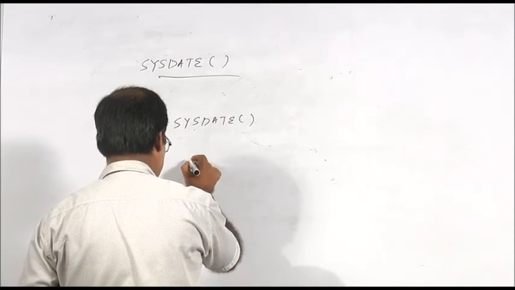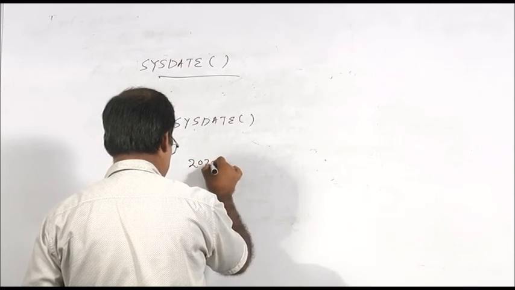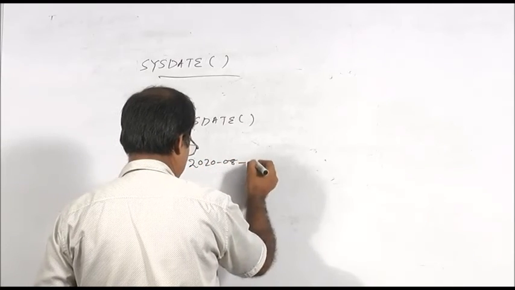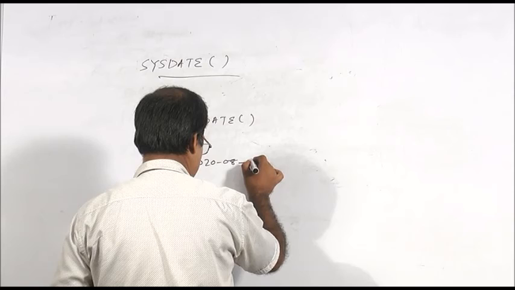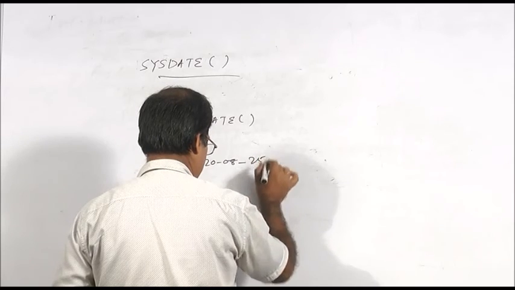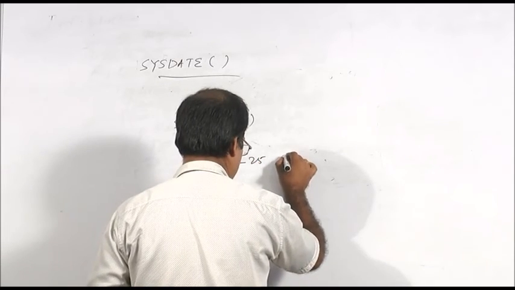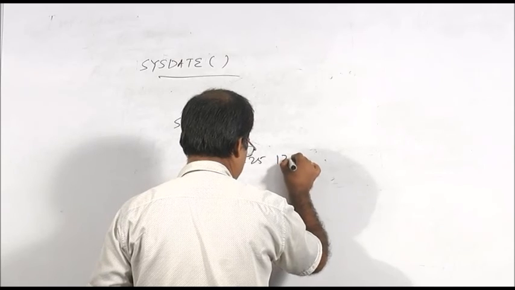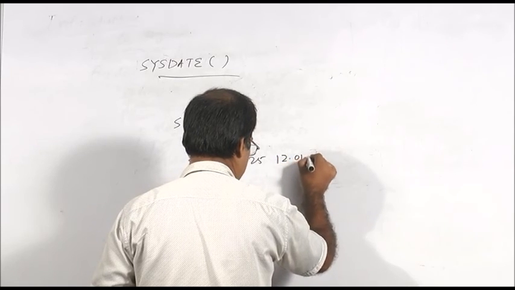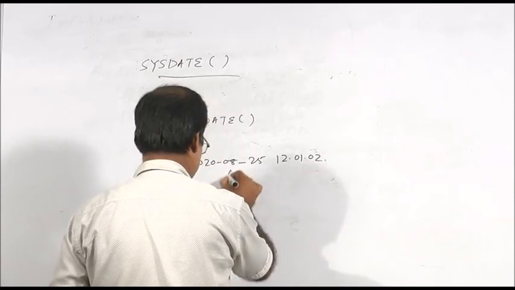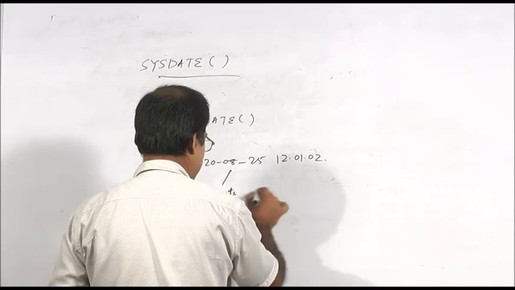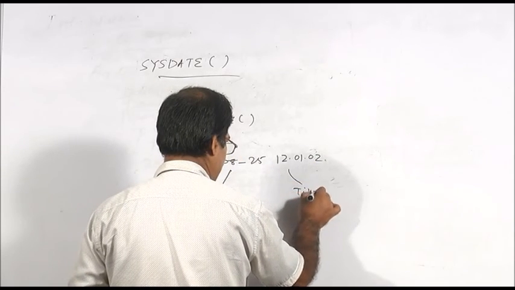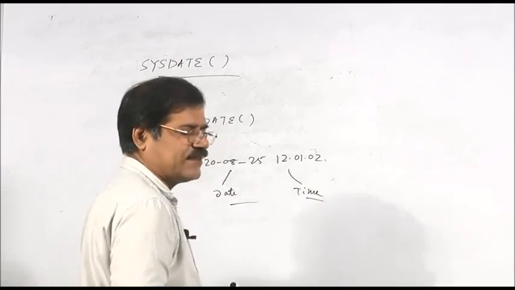Suppose today's date is 2020-08-25 and the time is 12:01:02. This is your date, and this is the time format.